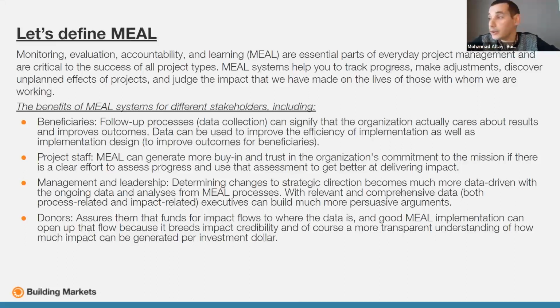We are assessing not only our progress in quantitative form, like our progress against the target, but if we are collecting quantitative and qualitative data, we will take it into consideration and assess it.